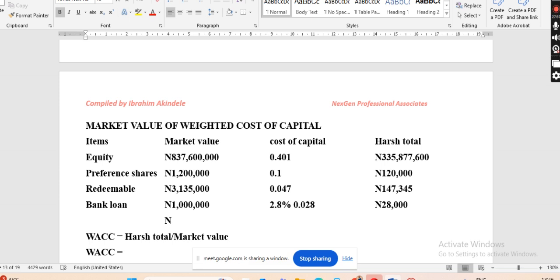Appreciate it. So now, what is the total? Please add the total market value together and add the hash total together. Give me the figure. Total market value: 842,935,000.